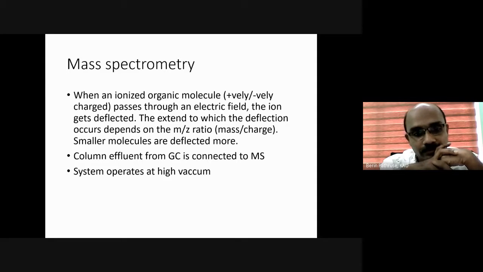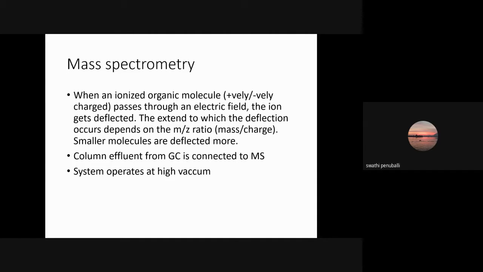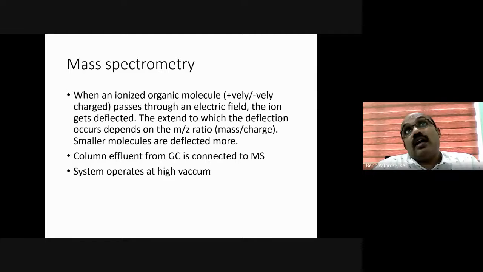What will happen? Lower molecular weight will move faster. See, the compound is negatively charged and it is passing through an environment of positive charge.